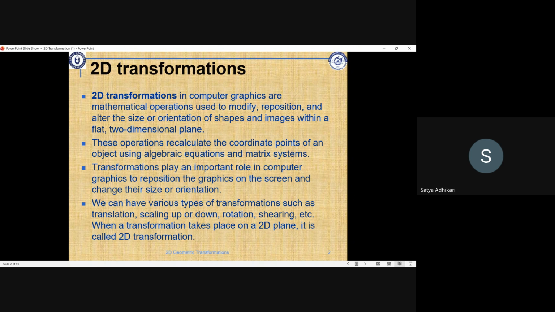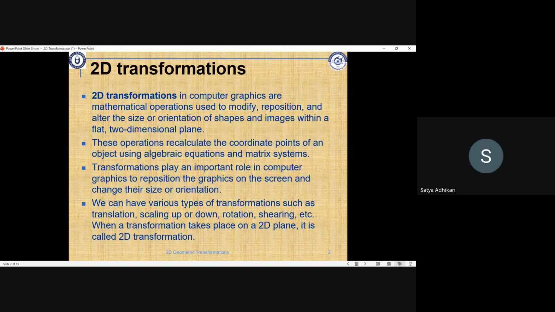These operations recalculate the coordinate points of an object using some algebraic equations and matrix systems. We use some matrix algebra here to represent the different types of transformations.